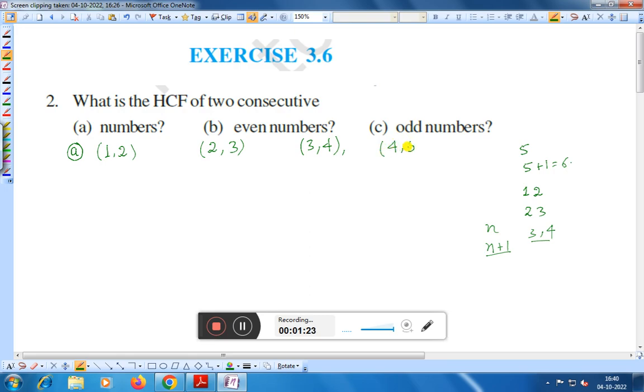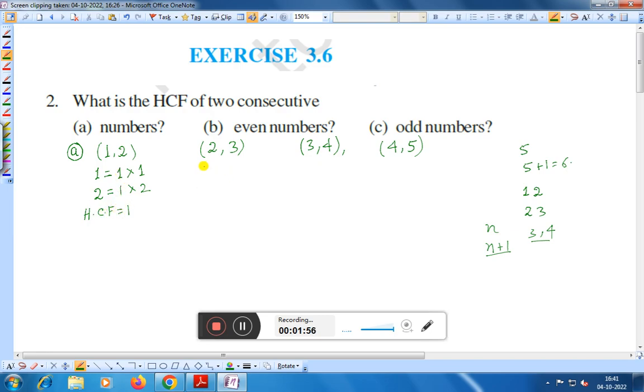Now let us find the HCF of these. 1 can be written in prime factors as 1 into 1, and 2 can be written as 1 into 2. Therefore, the HCF, the highest common factor, of two consecutive numbers we are finding is equal to 1. 1 is common.